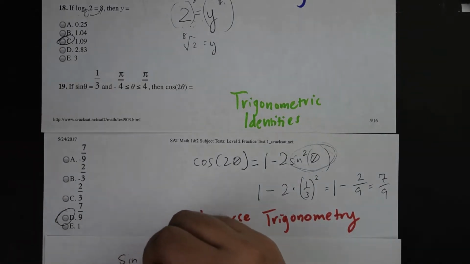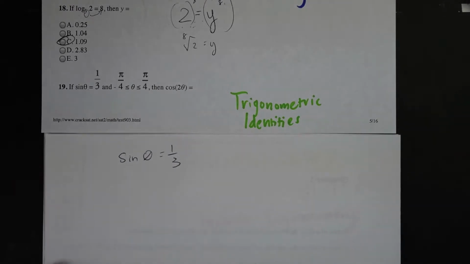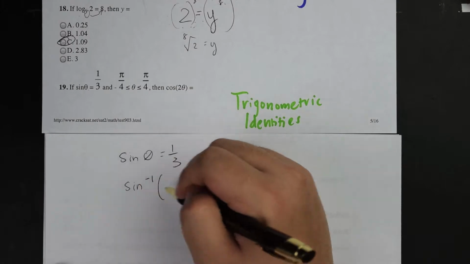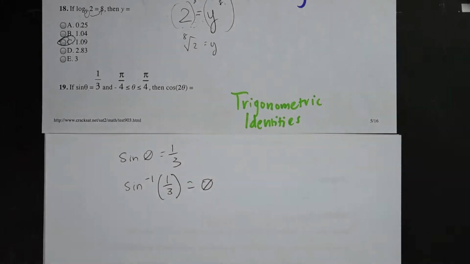So since I know sine theta equals 1/3, inverse trigonometry lets me move this sine function over to where the 1/3 is. And so that's exactly what I did. I realized that I could do the inverse sine, or arc sine as some people call it, and solve for this theta value.